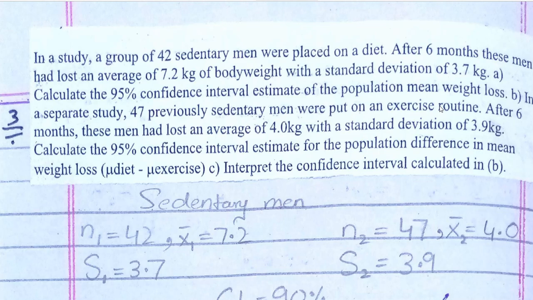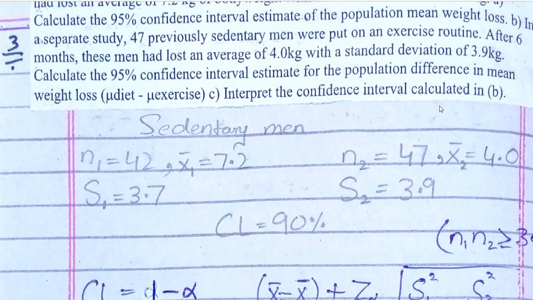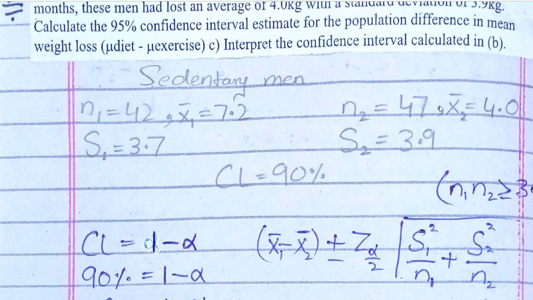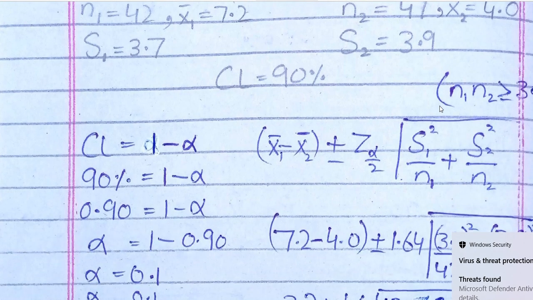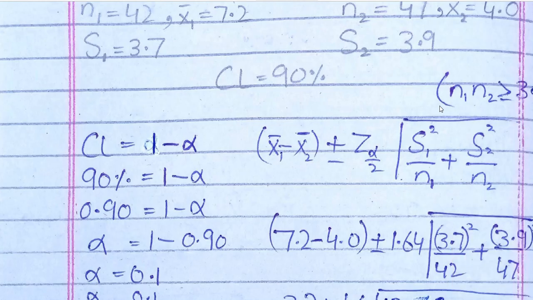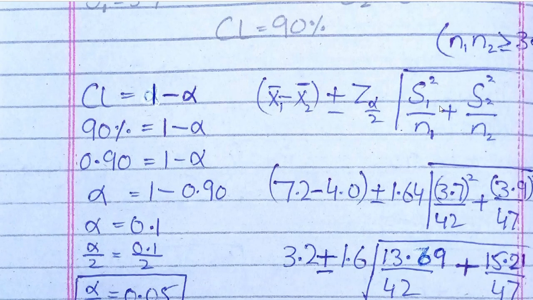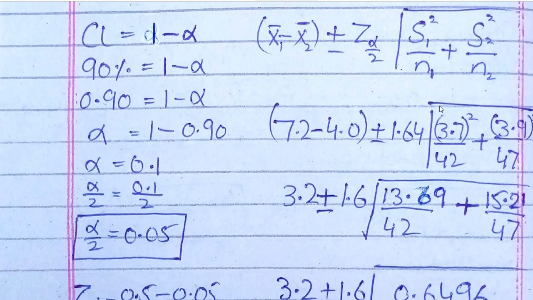We have to find the difference, mu diet minus mu exercise. The data is as such. The only thing that differs is that both population standard deviations are unknown, sample standard deviations are given, and both sample sizes are large. So the rest of the question will be exactly the same, only we replace the sigmas by S. Okay, now this one.